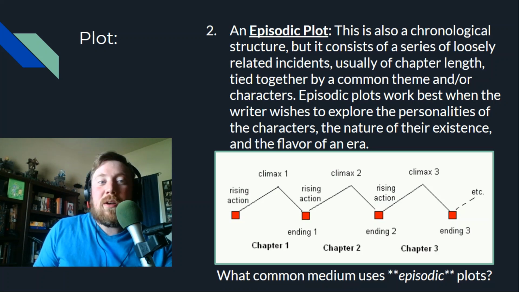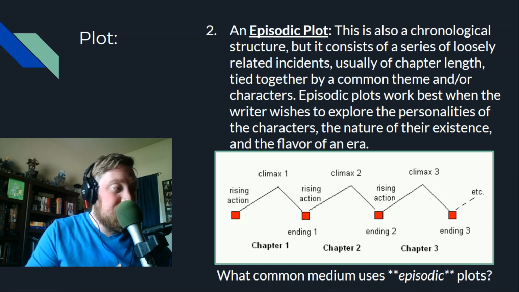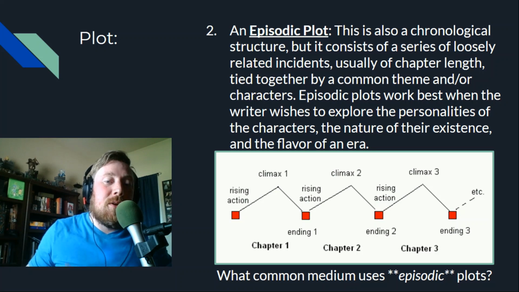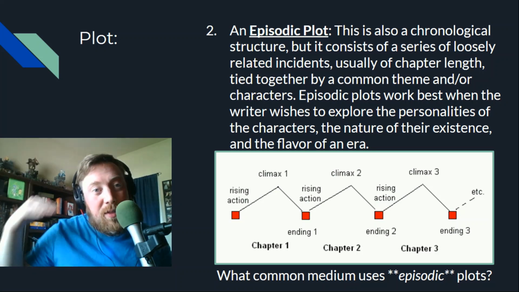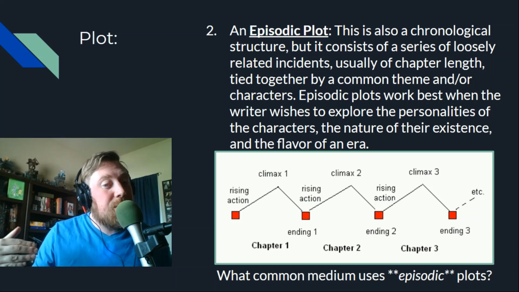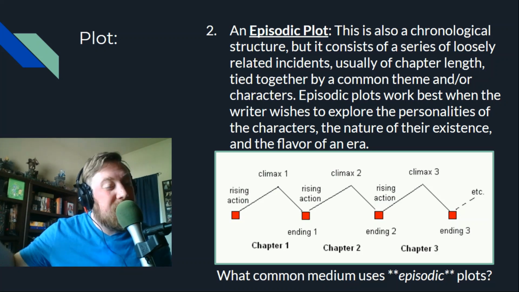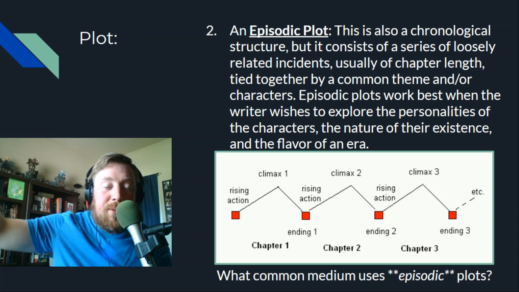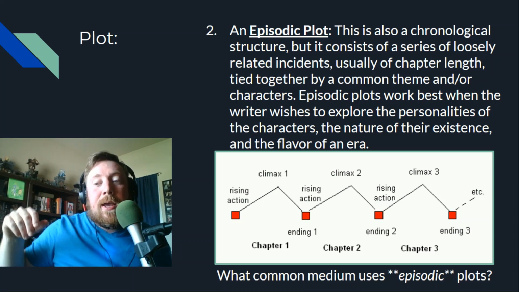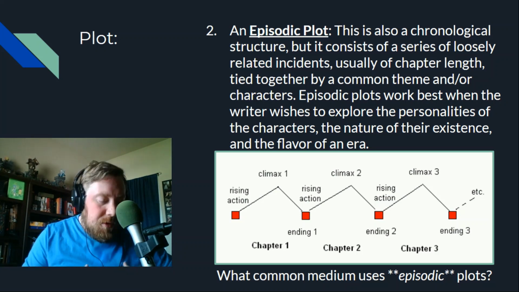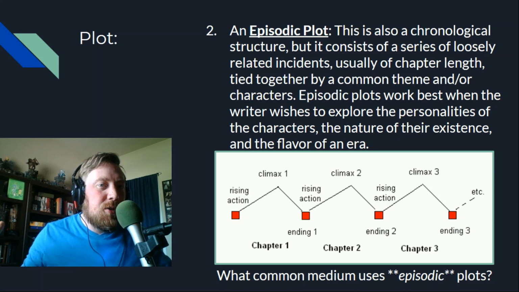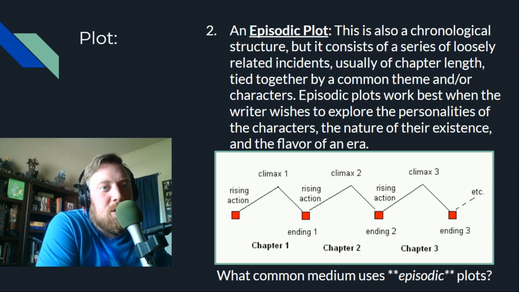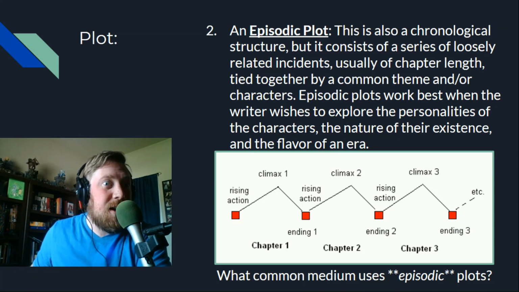And what it was, you had a completely full episode that had a rising action, a climax, and then a resolution. Oftentimes they would have that cliffhanger so that you were hooked on to the next episode, right? But it would have the rising action, the climax, and then the resolution or denouement, and everything was related over this one large continuous story, but we were able to explore all of the different characters throughout those different episodes, right?